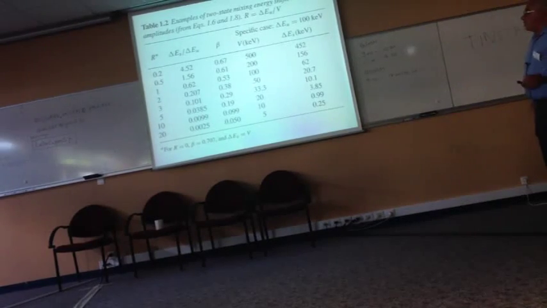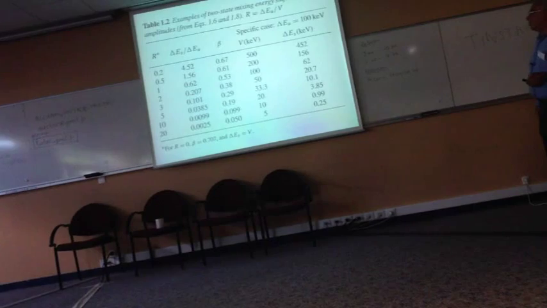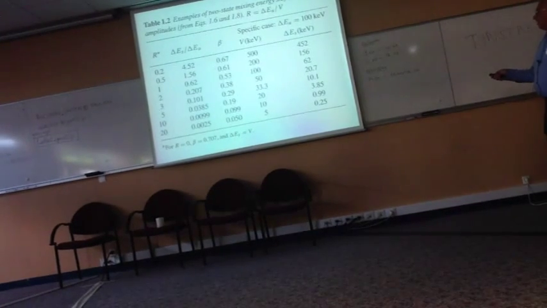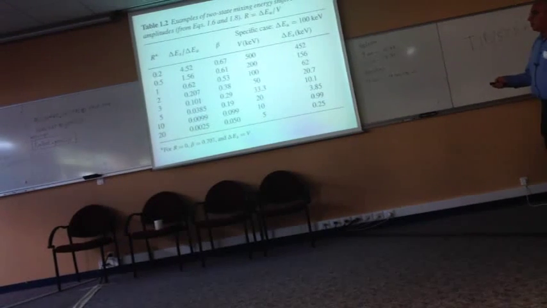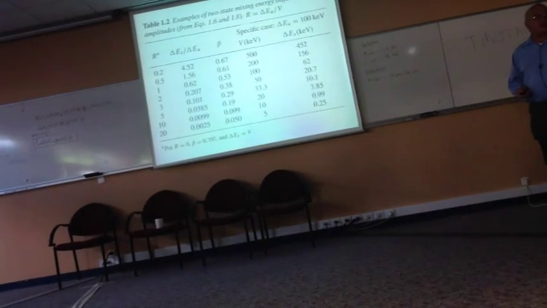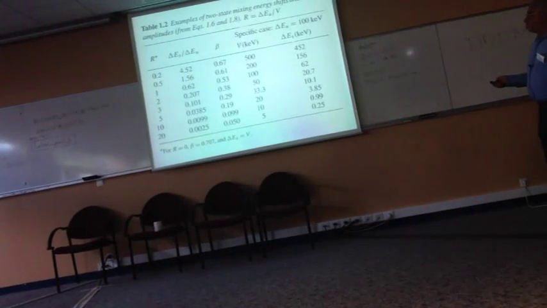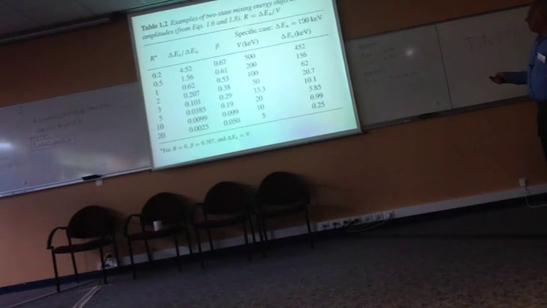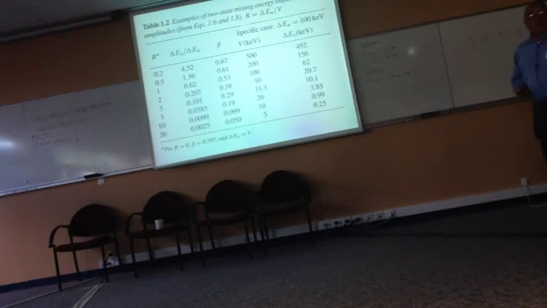Here I do a specific case where I take 100 kilovolts unperturbed energy separation, and then these R values correspond to these interaction matrix elements. If I have an unperturbed spacing of 100 kilovolts and R is 0.2, it means the matrix element is 500 kilovolts, 100 over 500. And in that case, the shift in energy will be 452 kilovolts. So these levels that are 100 kilovolts apart initially will each move by 452 kilovolts.